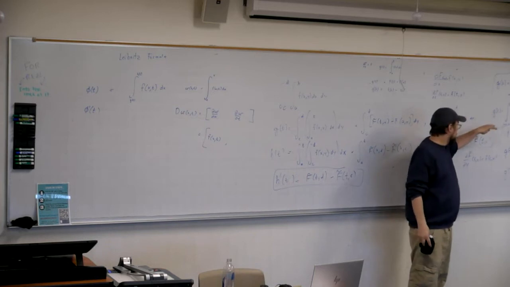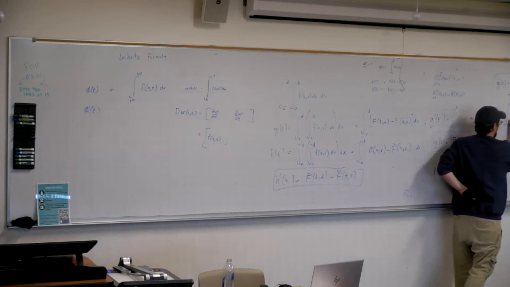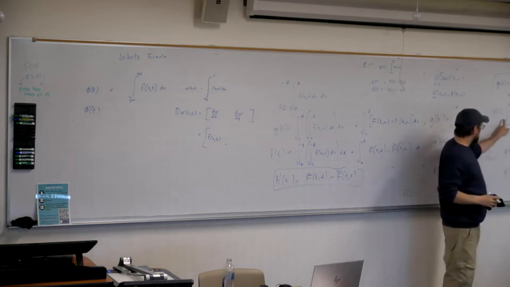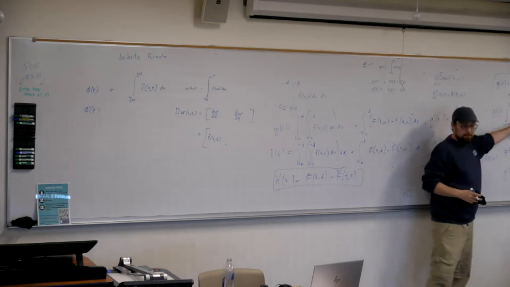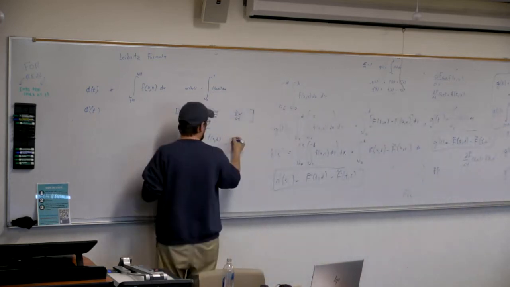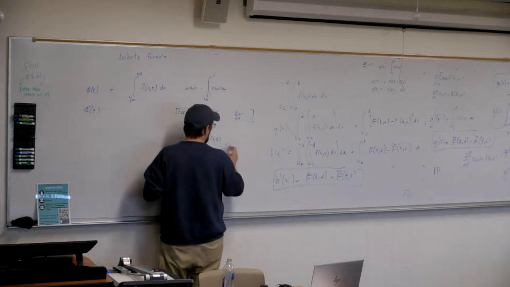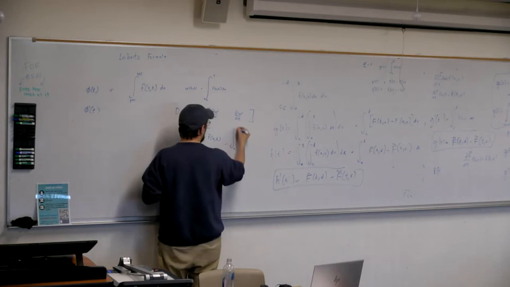You just differentiate with respect to t inside the integral. So that would be just the derivative of that with respect to t, integral from a to x, the derivative of that with respect to t.